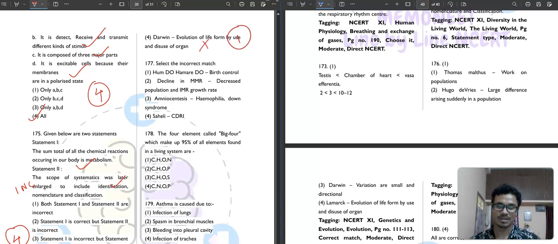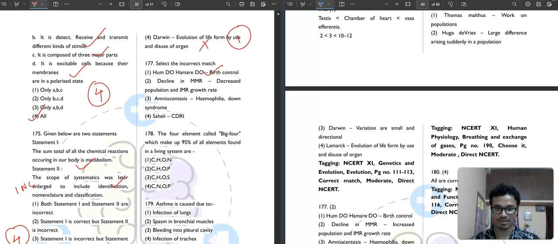Question number 177. Select the incorrect match. Hum do hamare do, birth control, correct. Decline in maternal mortality rate, decreased population rate and IMR growth rate. See, if MMR is decreasing, then how can the infant mortality rate be increased?